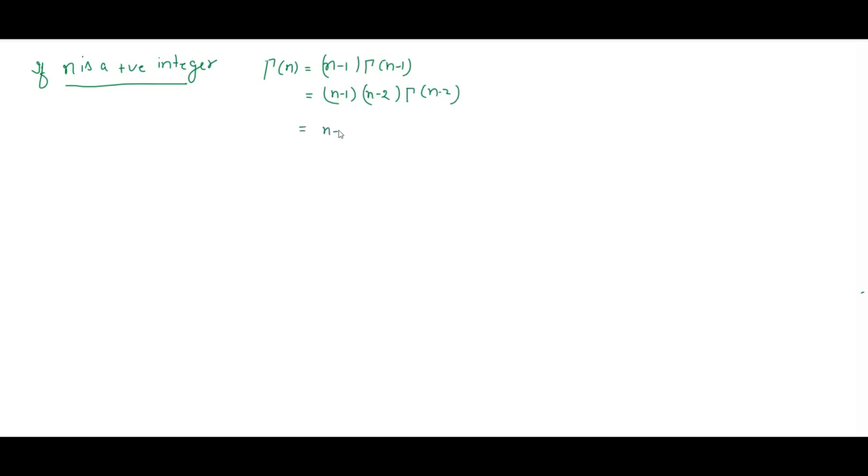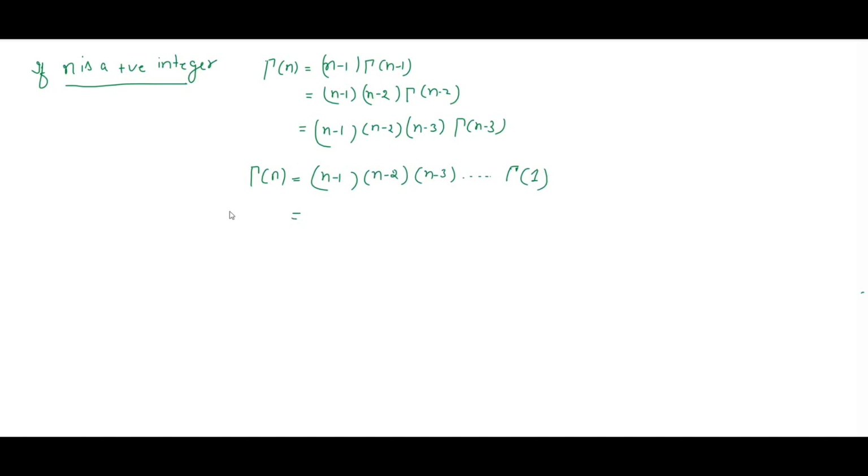Further you can reduce it, n minus 2 n minus 3 gamma n minus 3. So continuing like this, gamma n can be written as n minus 1, n minus 2, n minus 3, up to, ultimately this process will stop at gamma of 1.